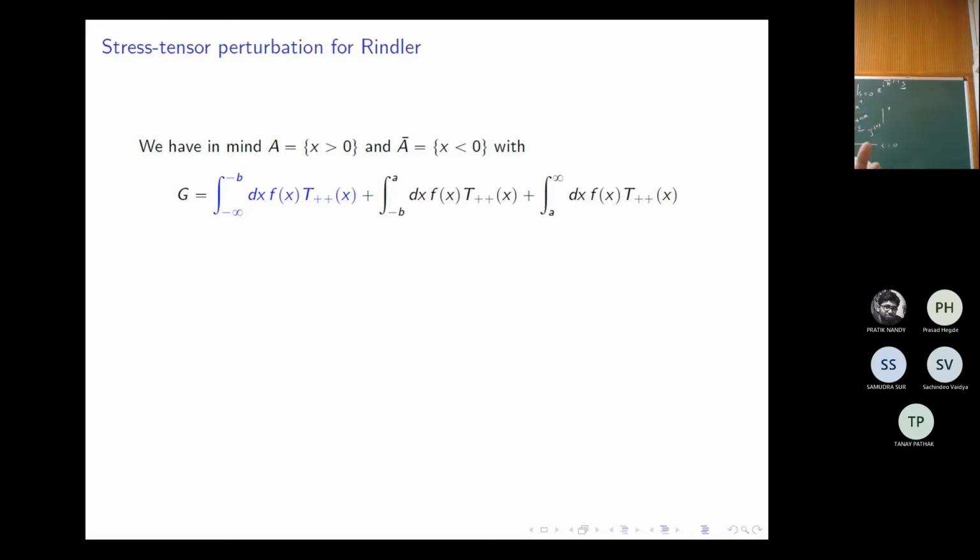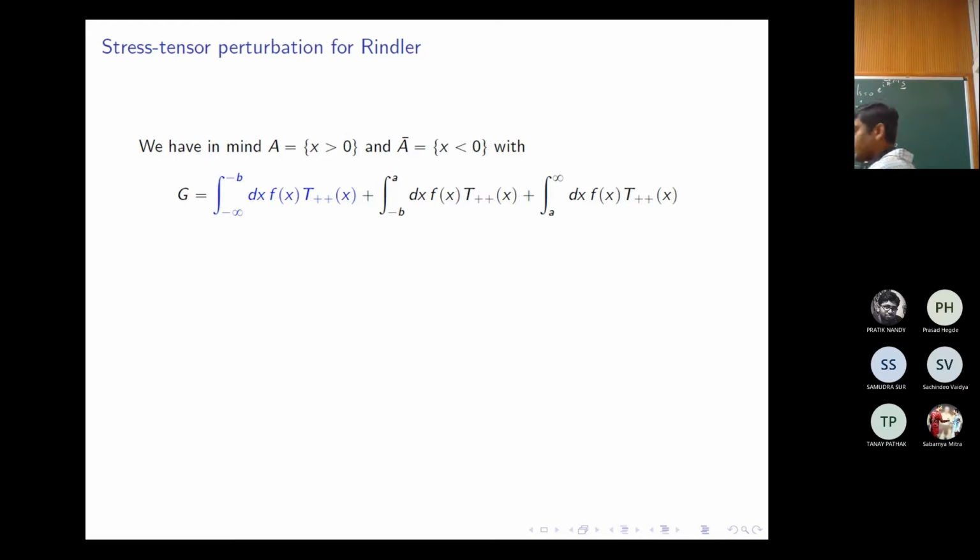So if I now specialize to the stress tensor perturbation case and the Rindler subregion case, A means x greater than 0 and A bar is x less than 0. And G is the integral of f(x) T plus plus x dx. Then I can divide this G into 3 parts. Here I have taken even minus infinity to infinity.